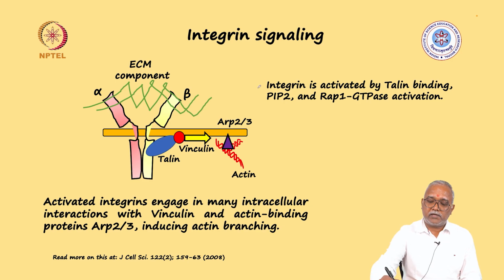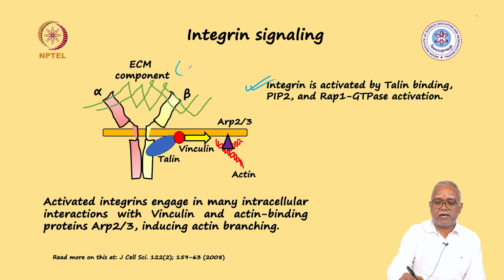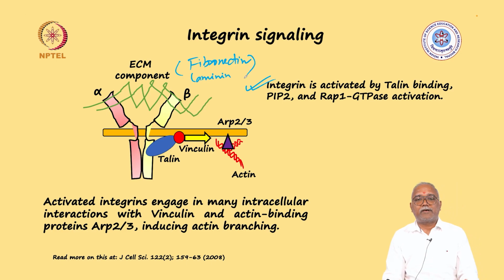So once this integrin signaling is activated, the extracellular component, as I said here, the fibronectin or the laminin, in some cases if it is a growth factor, if you recollect, there is a receptor tyrosine kinase which is called fibroblast growth receptor.